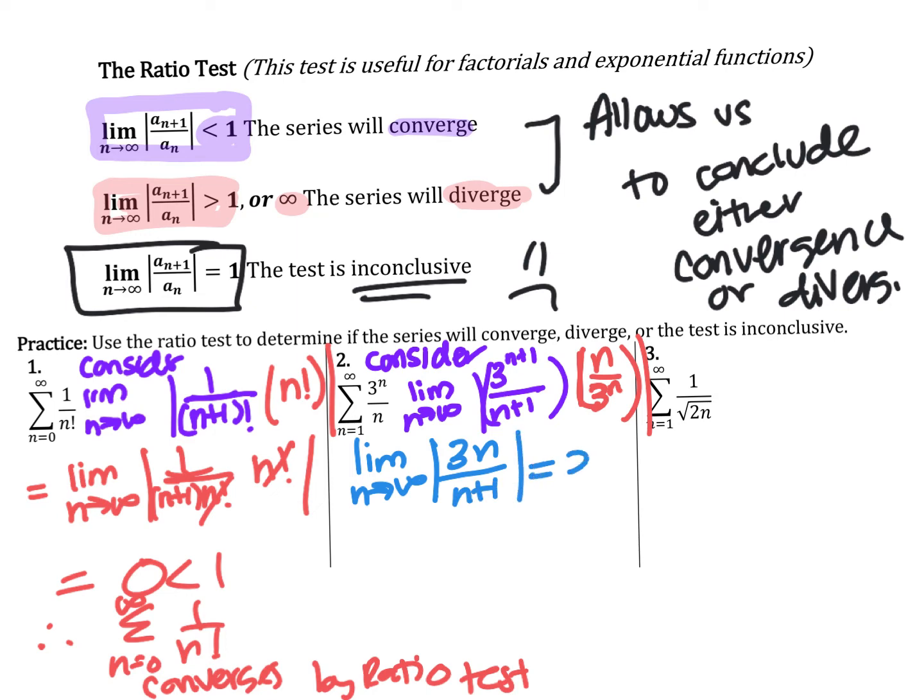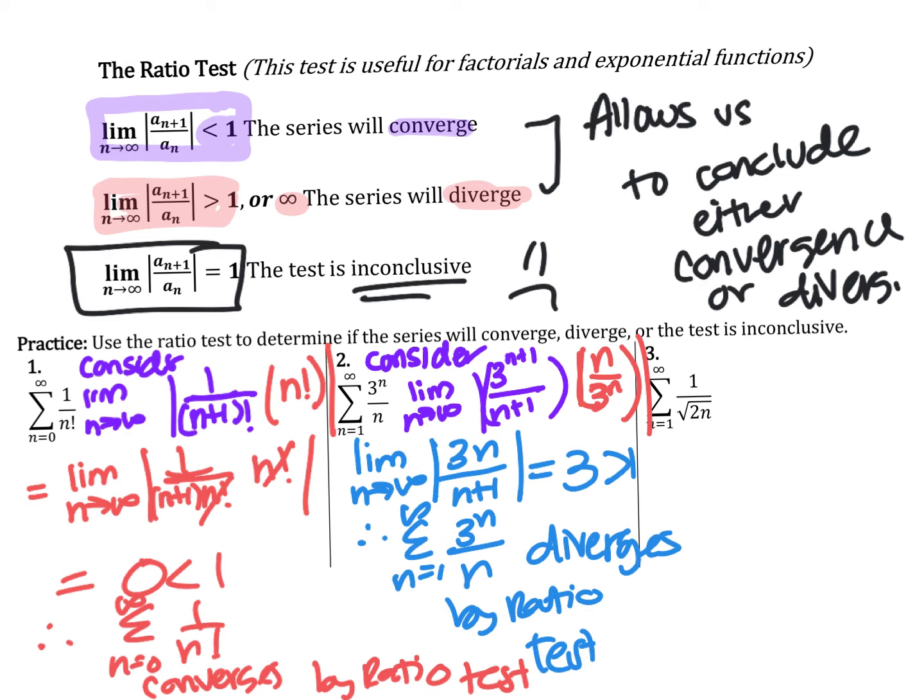As we go to infinity, this limit is 3. 3 is greater than 1, so we can conclude that this series from n equals 1 to infinity of 3 to the n over n diverges by the ratio test.